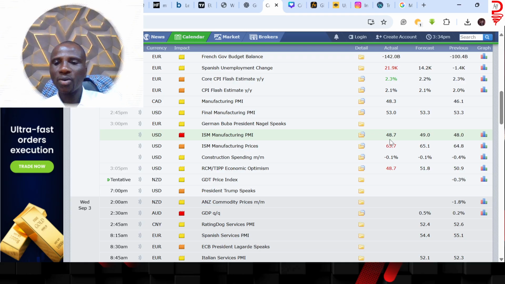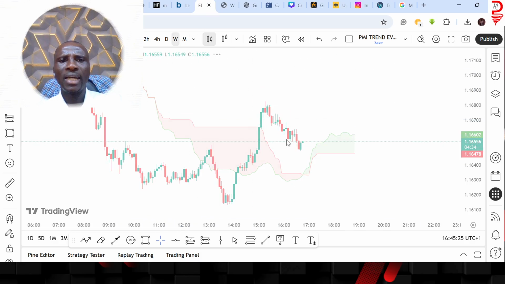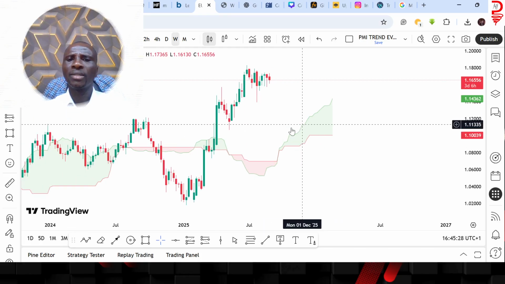In this case, the previous data was 48.0. The forecast was 49.0. By the time the data was released, we noticed that the release was less than the forecast, which is now 48.7.